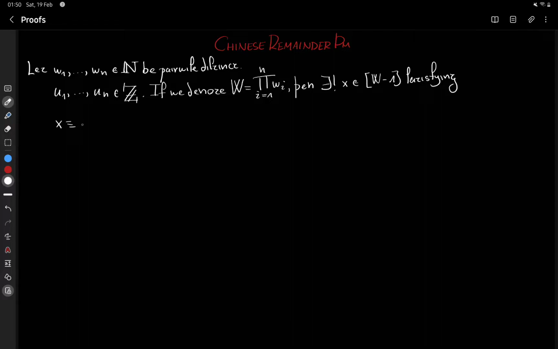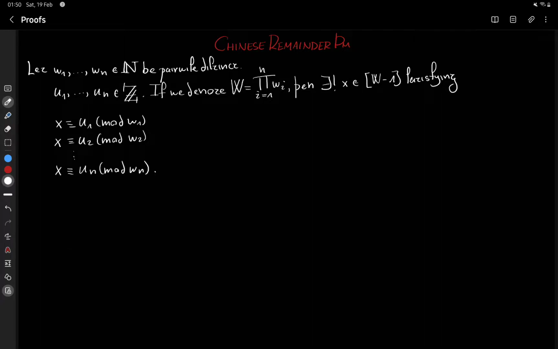X is congruent to U1 modulo W1. X is congruent to U2 modulo W2. Up to X is congruent to Un modulo Wn.